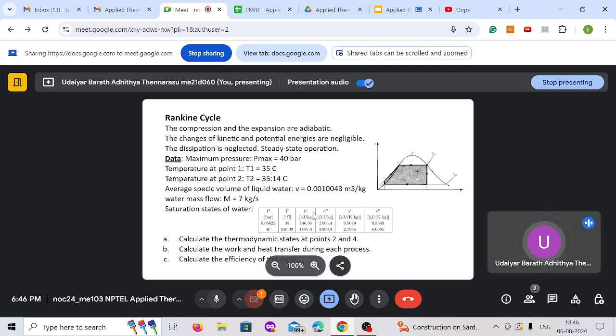And corresponding enthalpy, H' is my saturated liquid and H'' is my saturated vapor, and similarly S' and S'' are the saturated liquid entropy and vapor entropy, and again it's given for 40 bar. Now they are asking to calculate the thermodynamic states at point 2 and 4, calculate the work and heat transfer during each process, calculate the efficiency of the cycle.